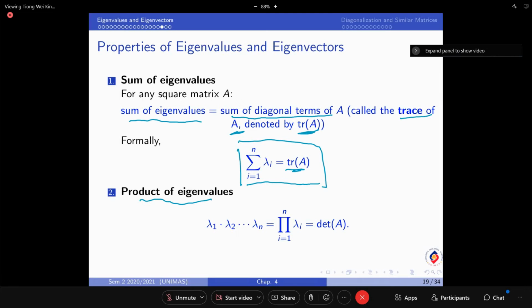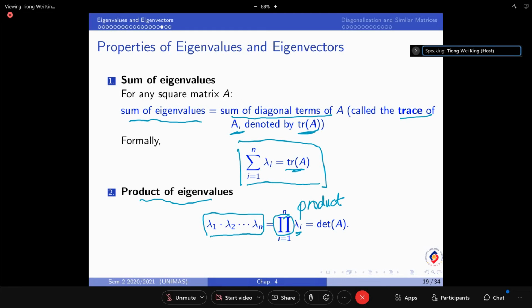Next is the product. If you do multiplication of all the eigenvalues, this is the symbol for product, multiplication of lambda i.